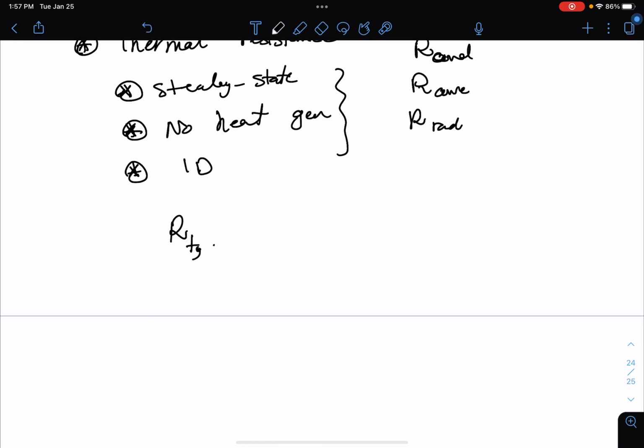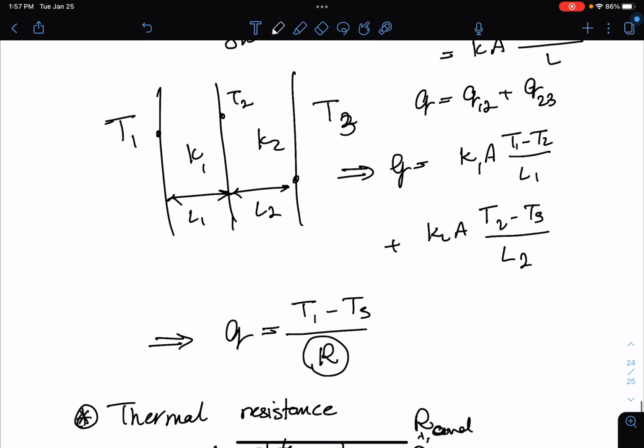So thermal resistance of conduction is equal to L divided by K. Okay? So for wall 1, thermal resistance is L1 divided by K1. For wall 2, thermal resistance is L2 divided by K2.